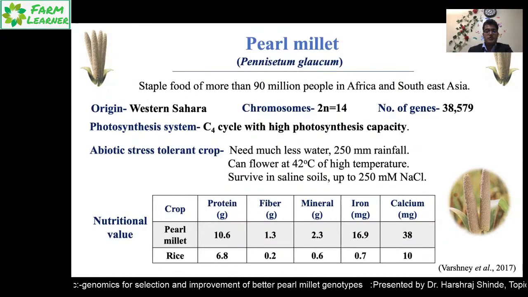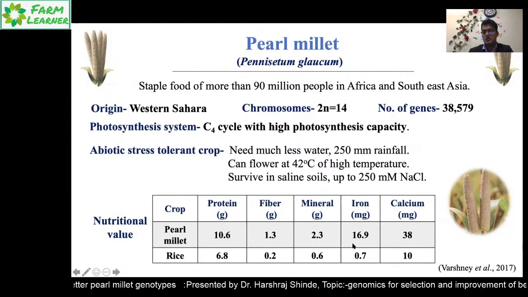If you go into the nutritional value, it has a very good nutritional profile. Compared with rice, it has very high protein, almost 1.6 times more protein. It has a high amount of fiber, which is good for digestion.